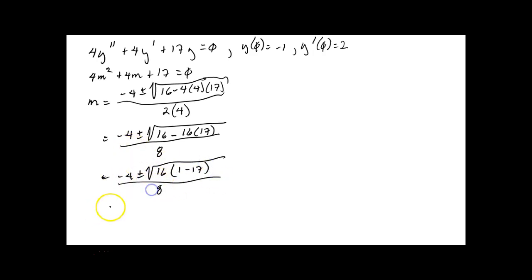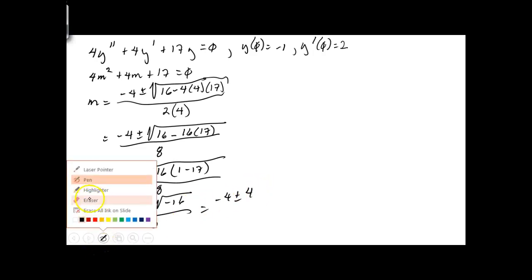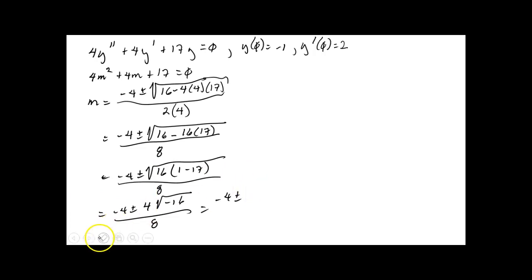Divided by 8, which would be minus 4 plus or minus the square root of 16, which is 4, times the square root of minus 16, over 8, which is going to be minus 4 plus or minus 4 times 4, which will be 16. These are coming up all over the place, aren't they?